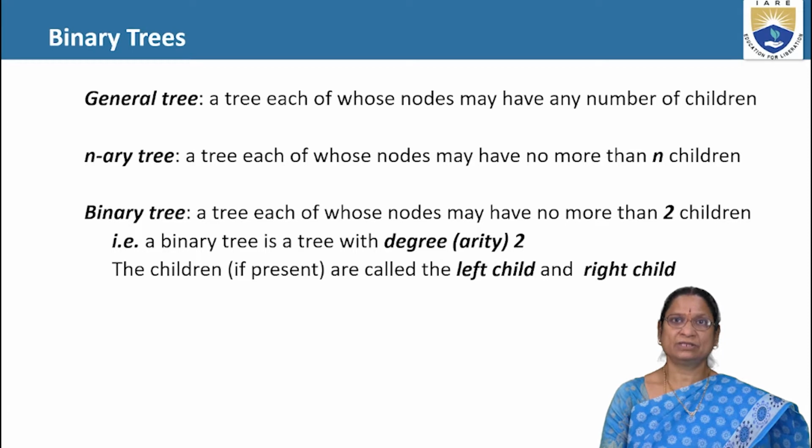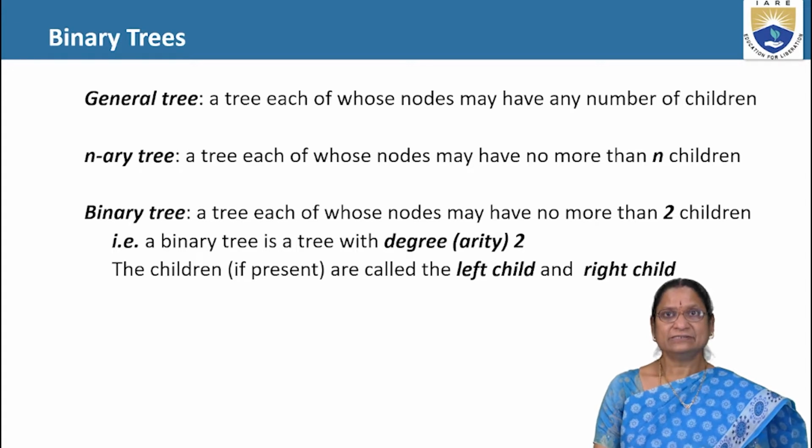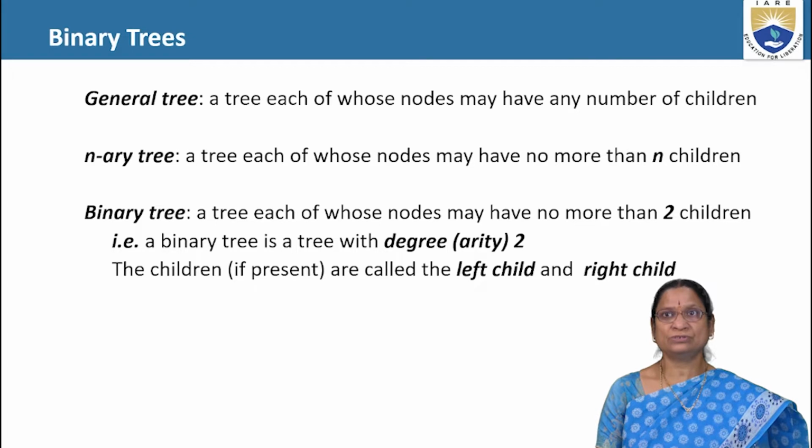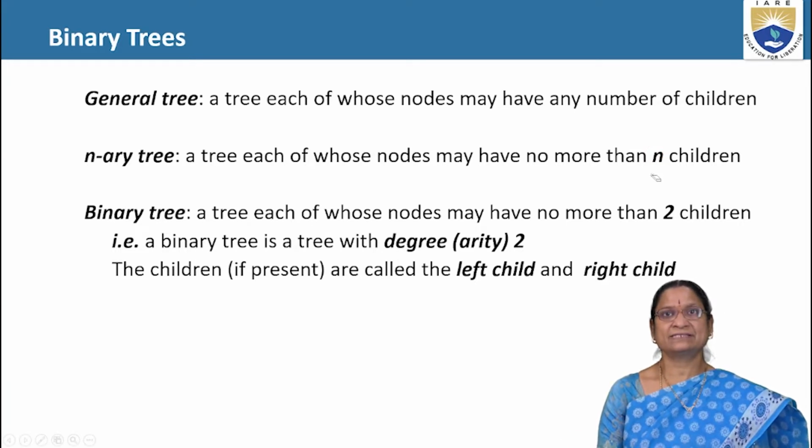The most popular of these n-ary trees is the binary tree, that is a 2-ary tree. Based upon the previous definition, a tree each of whose nodes may have not more than 2 children, since n is 2 here, is a binary tree.